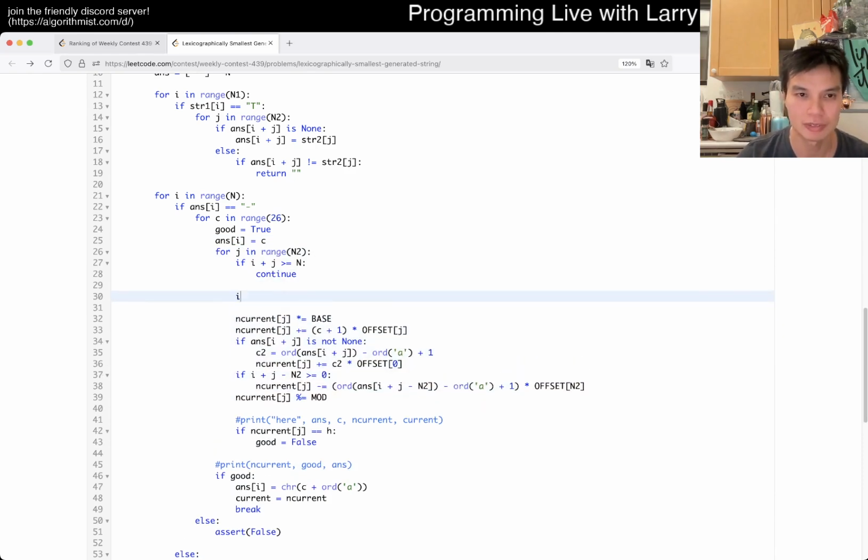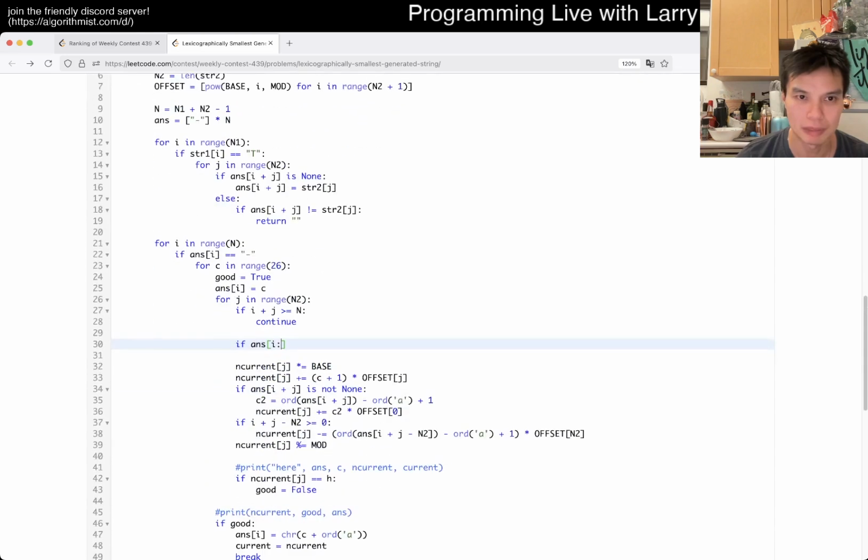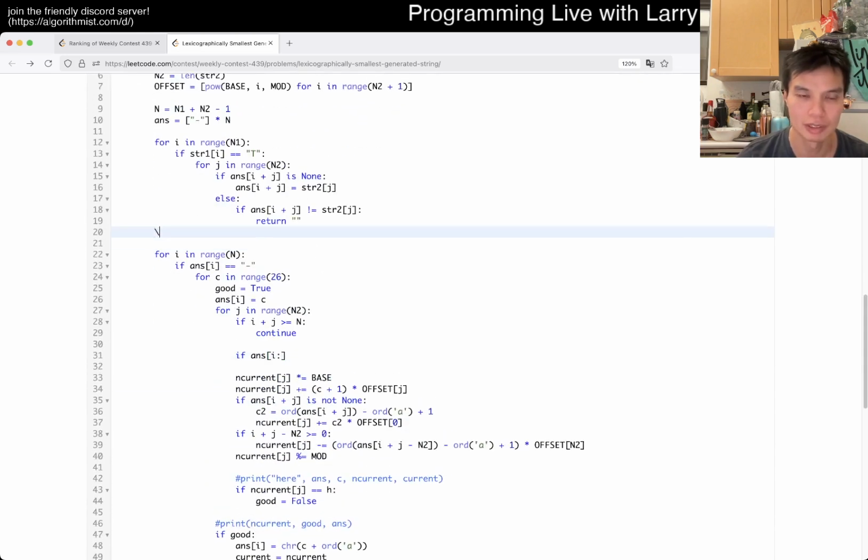So if enter, and we can maybe even just do S2 is equal to this, we convert it to a list.